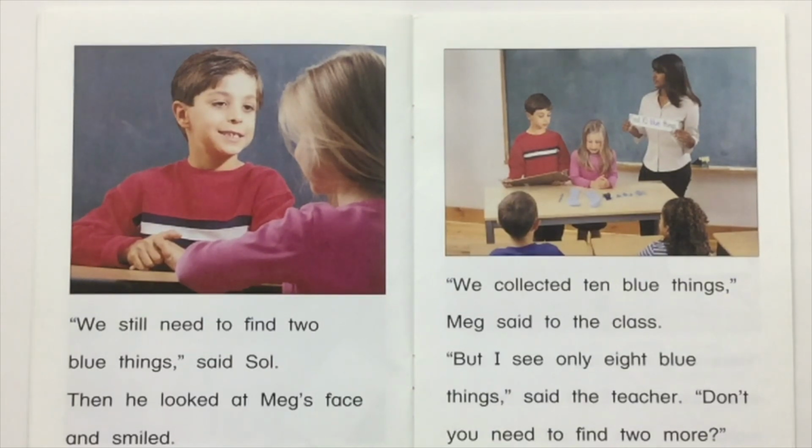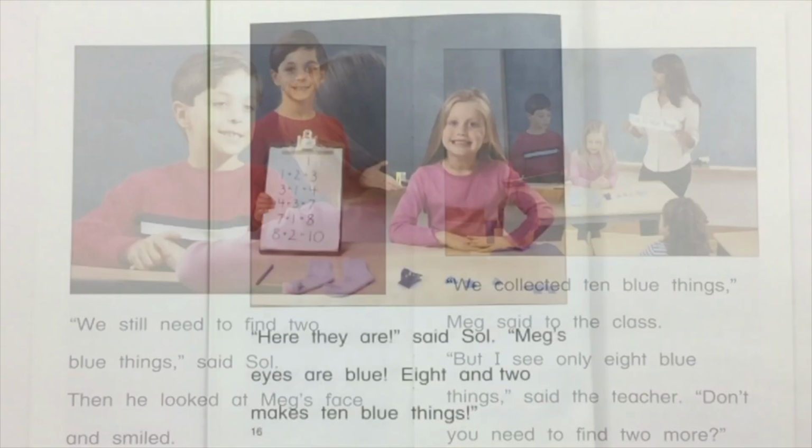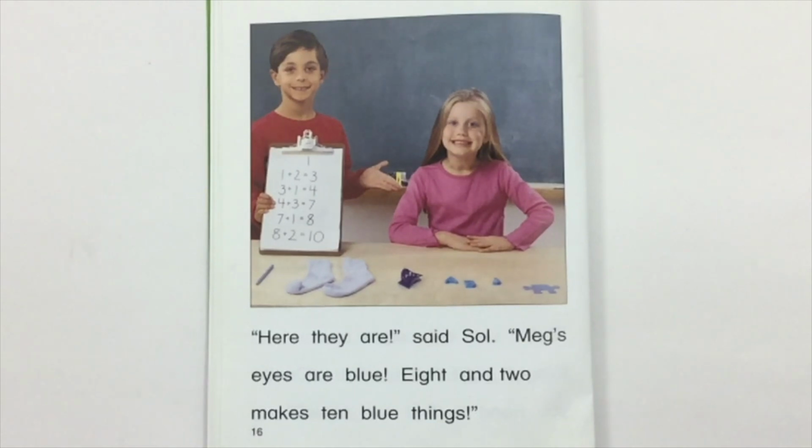We collected 10 blue things, Meg said to the class. But I see only 8 blue things, said the teacher. Don't you need to find 2 more? Here they are, said Saul. Meg's eyes are blue. 8 and 2 makes 10 blue things. 8 plus 2 equals 10.